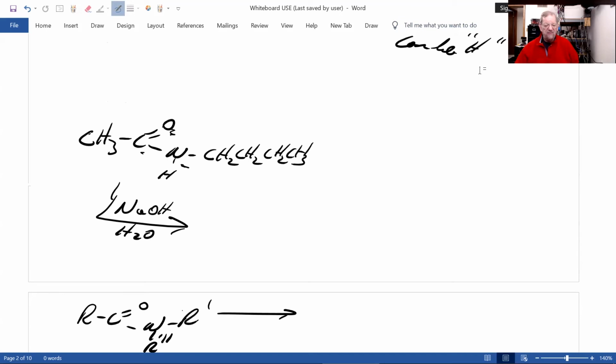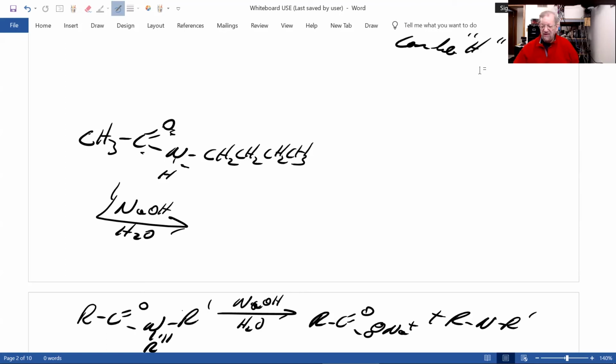And I'm reacting with base and water. And what do I get? I get the carboxylate anion of the carboxylic acid I would have used to make that amide, plus the amine that I would have used to make that amide.